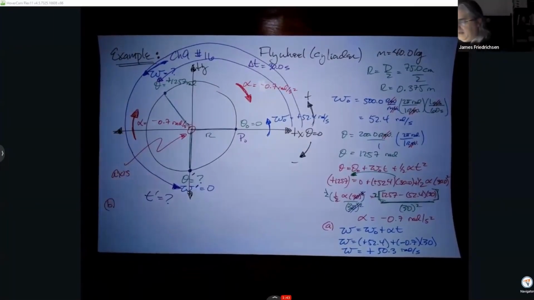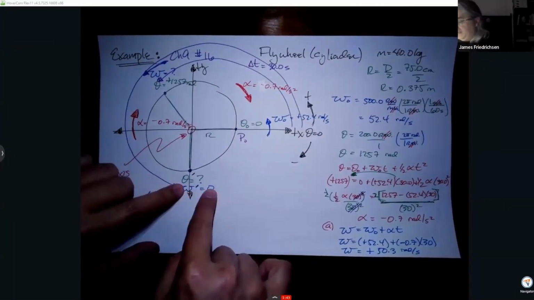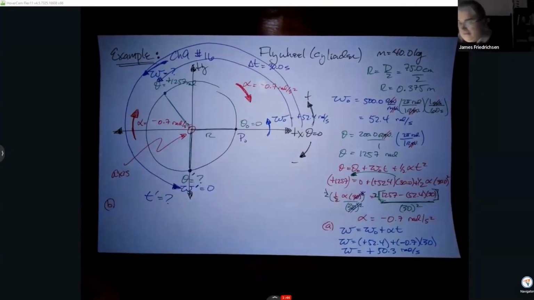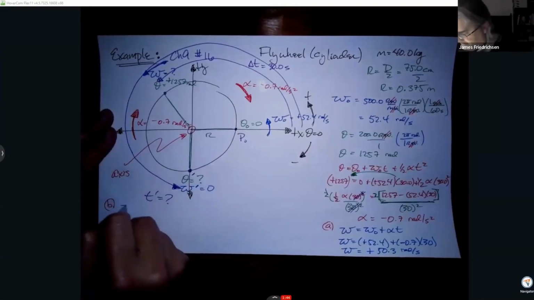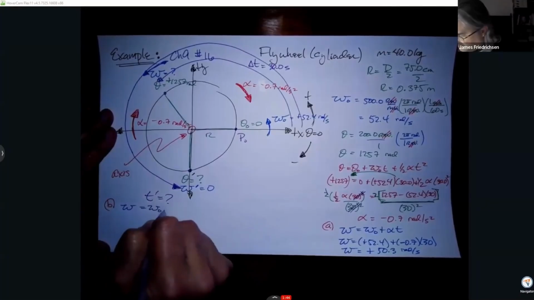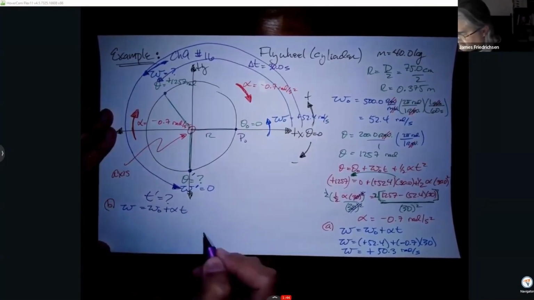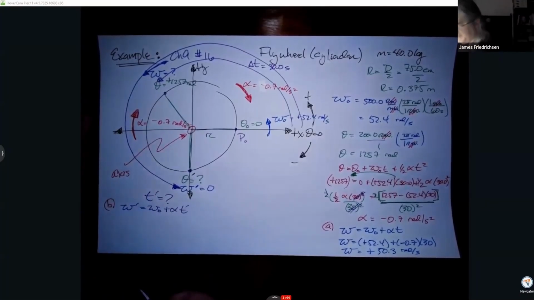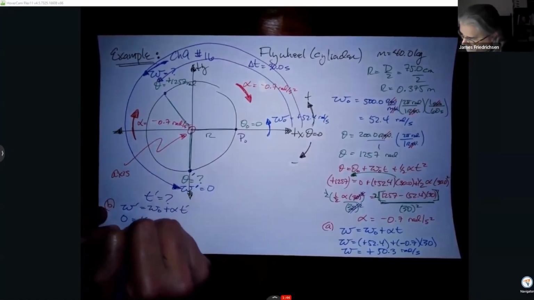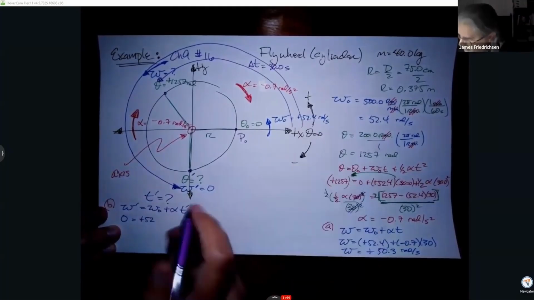Let's calculate this time. We know this final speed is 0. We know the alpha through the whole motion. So let's use equation 1 again, but this time we'll find the time. So I have the final omega is the initial omega plus alpha times the time. And I put a prime here and here. And if we load this, this is 0 equals plus 52.4.